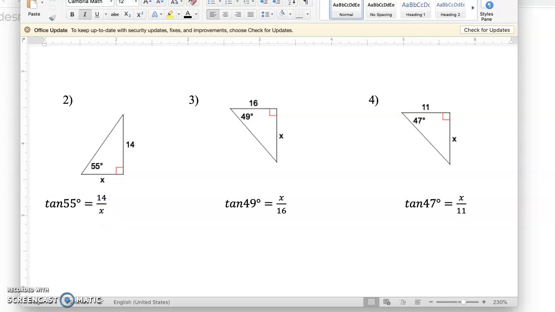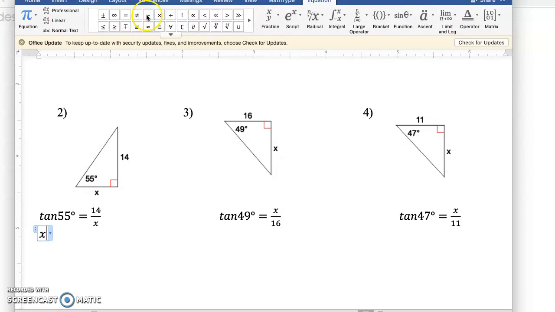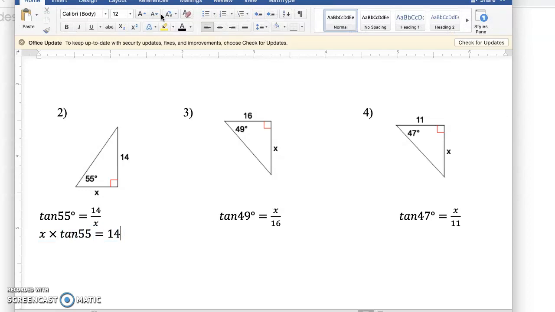So once again, your work is you'd insert an equation if you're using a Word document, if not, just write it down. We'd have X times the tangent of 55 is equal to 14. Once again, we are going to be dividing because for multiplication, the inverse is division.